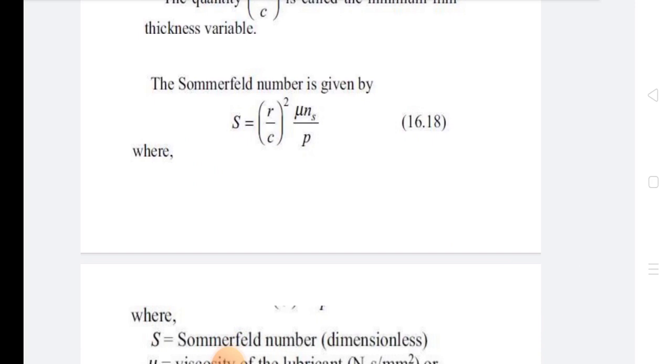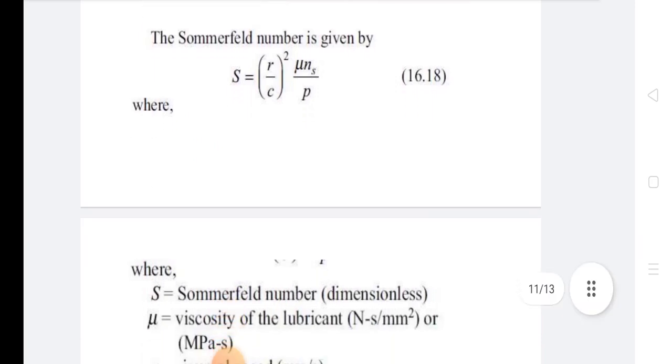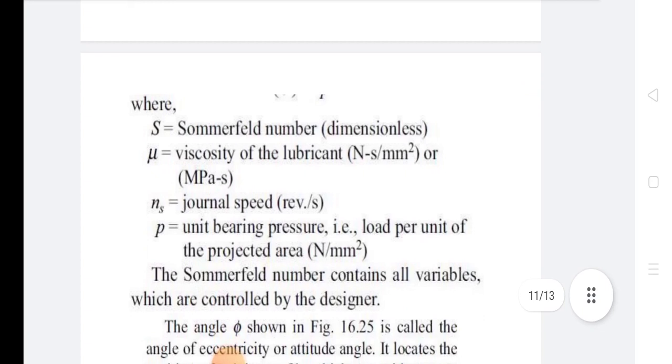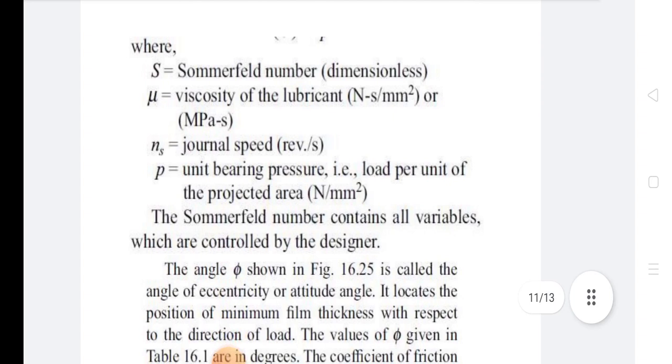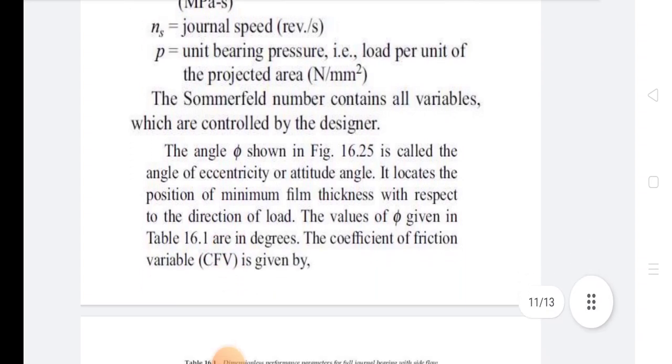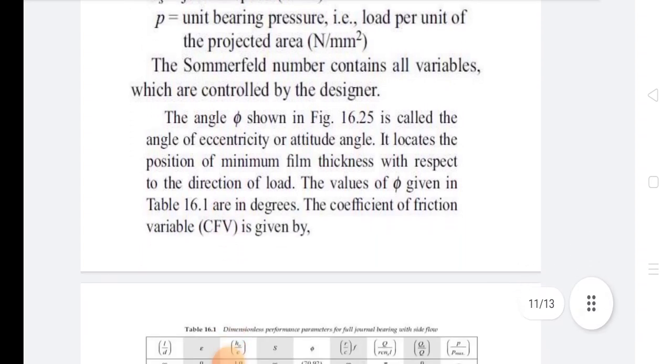The Sommerfeld number is given by S is equal to (r upon c) squared into mu ns upon p, where S is equal to Sommerfeld number, dimensionless, mu is equal to viscosity of the lubricant, ns is equal to journal speed, small p is equal to unit bearing pressure, that is load per unit of the projected area. The Sommerfeld number contains all variables which are controlled by the designer.